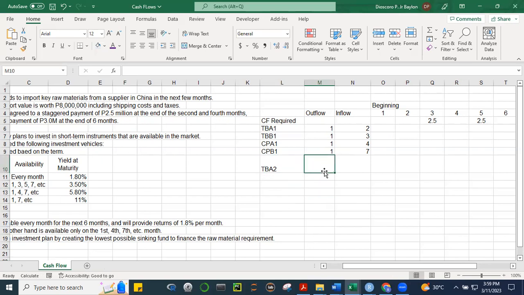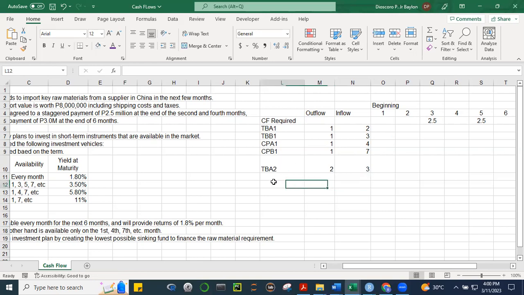So when will be the outflow of TBA 2? Beginning of month 2. Yes, okay, correct. And then when will be the inflow? Beginning of month 3. Yes, because the term is only 1 month for TBA.